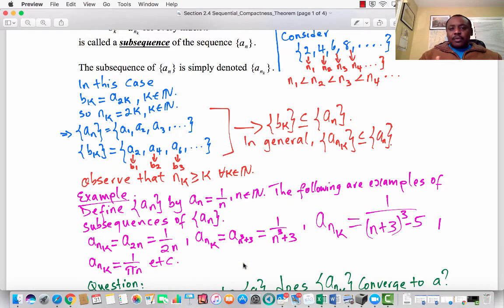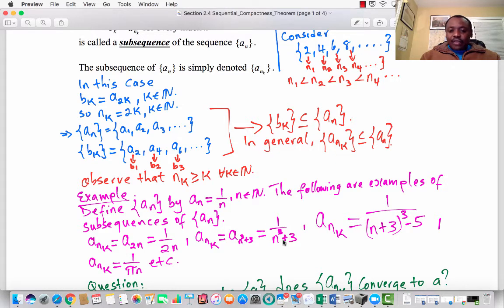Now let's give an example of a sequence a_n and then give examples of subsequences of it. Define our sequence a_n by a_n equals 1 over n, where n is a natural number. Then consider the sequence a_{2n}, which is 1 over 2n. You can quickly see that all the terms in a_{n_k} would also be terms in a_n, so it is a subsequence of a_n.